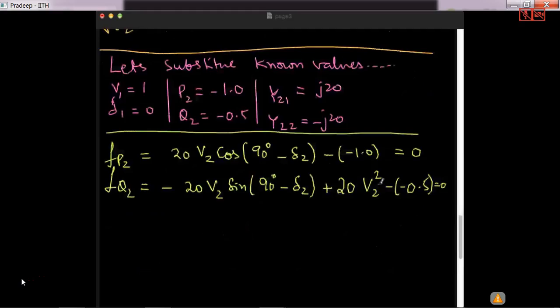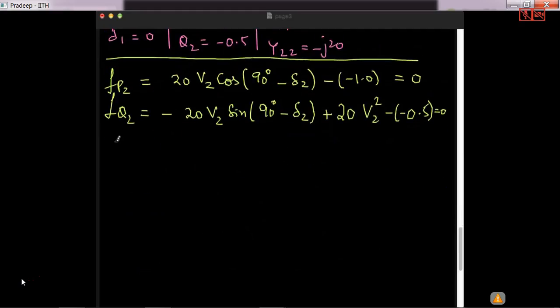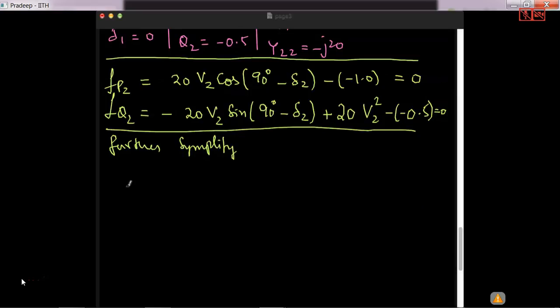So let me further simplify. If I further simplify, function P2 will be like this. What is cos of 90 minus theta? That is sine theta.